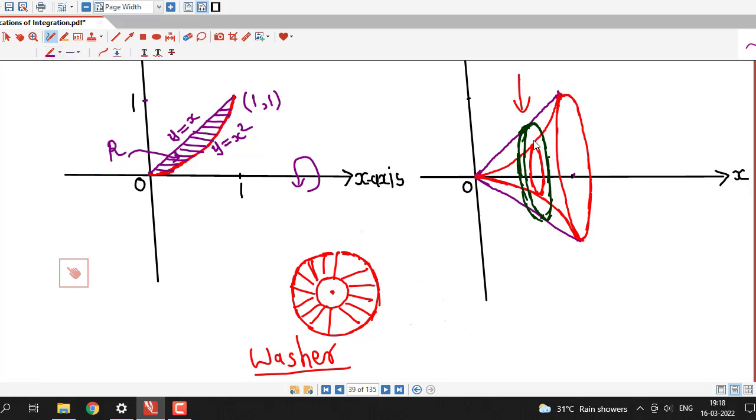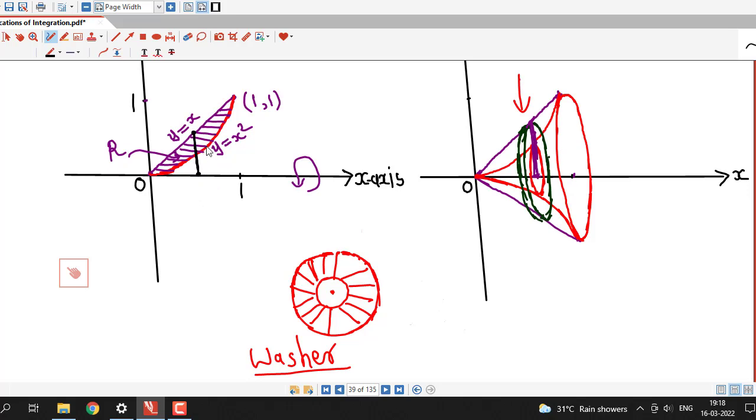Now the radius of the outer circle is this one. If we consider here, then this distance is the radius of the outer circle, that is the distance between y equal to x and the x-axis. We can visualize that here also. If we consider this line, then this distance is the radius of the outer circle or outer disk.